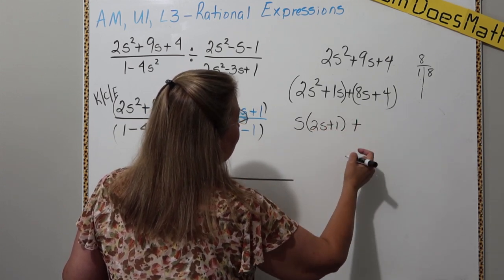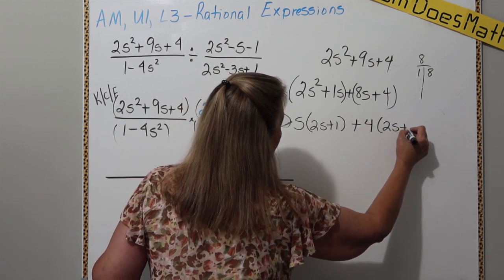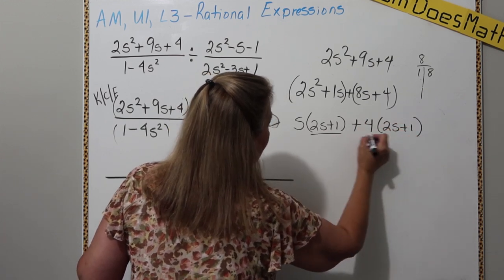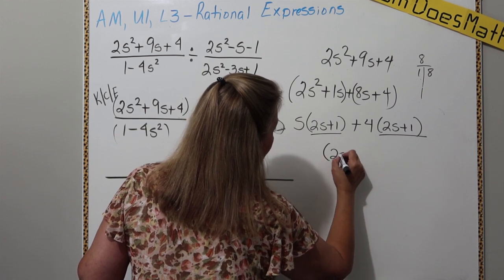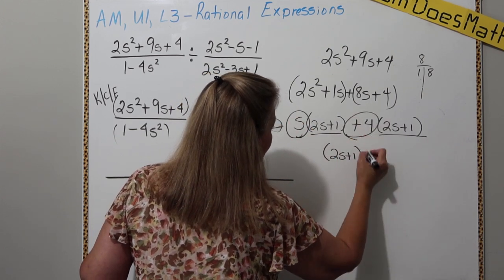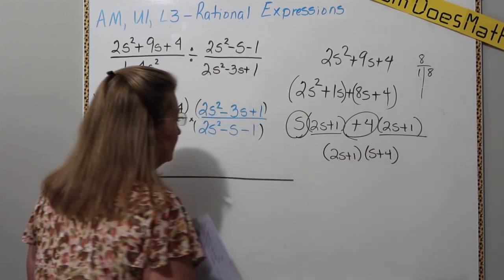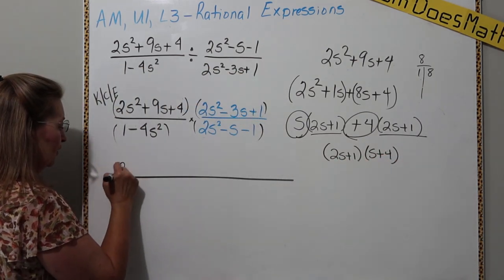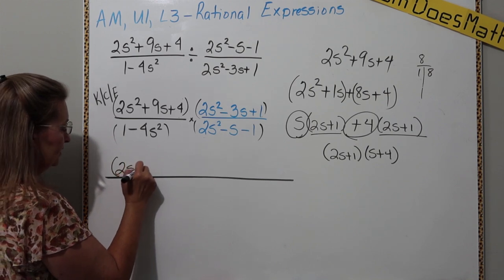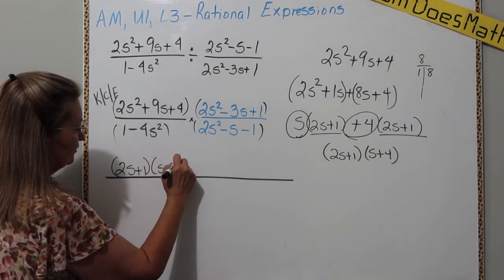Greatest common factor here is 4, so I'm going to have 2s plus 1. These two match, so that becomes my first set of parentheses. My second set is made up of those leftover coefficients in front. So over here I've got 2s plus 1, s plus 4.